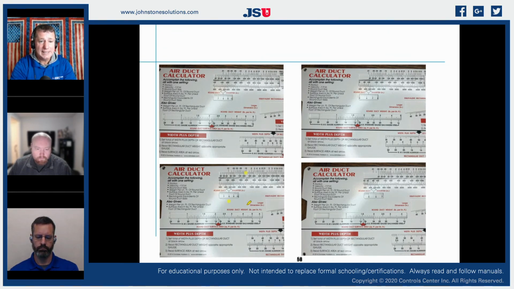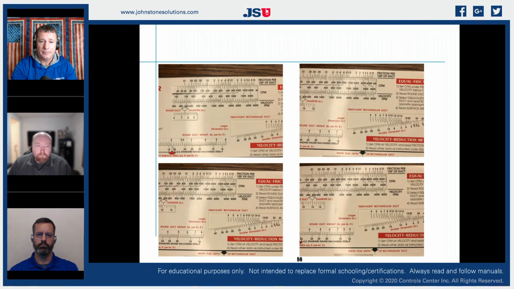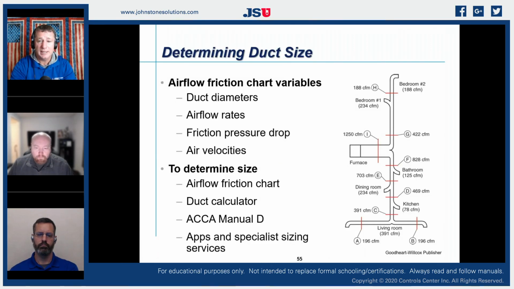So in this area, I can now run an 8-inch round. It's going to be sufficient for my airflow. And I'm going to put an 8-inch round diffuser in the center of this room. So my living room or dining room just needs an 8-inch round. That means my 8x16, when I get to here, is going to be sufficient airflow.